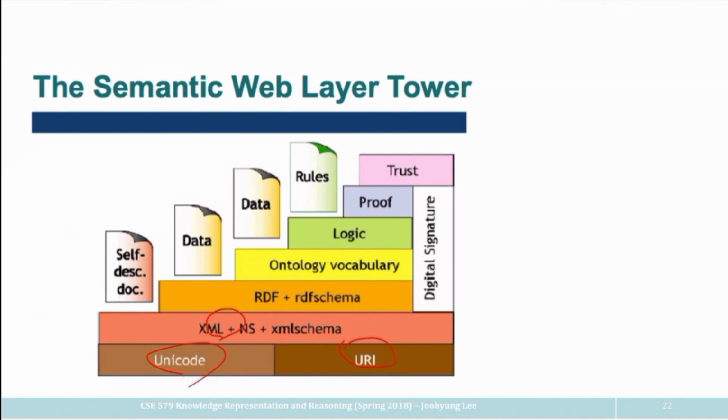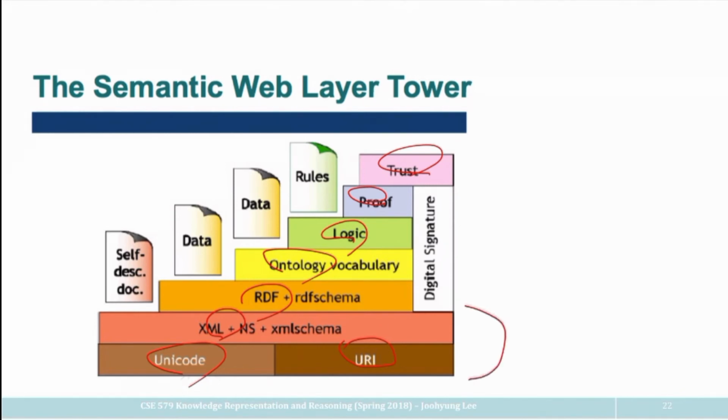Then there is XML that helps a machine read or understand the content of a field. Then there is RDF, which is basically how these entities are related or connected. Then you build some ontology based on this graph. There should be some logic, and then proof and trust. This was the original idea of building the semantic web, so people started working from the bottom up.